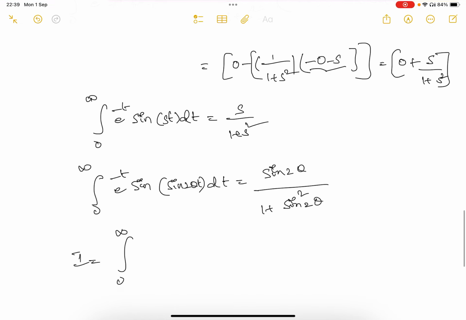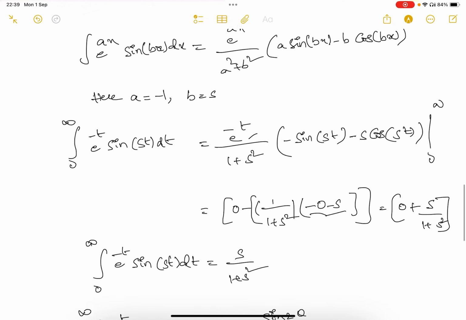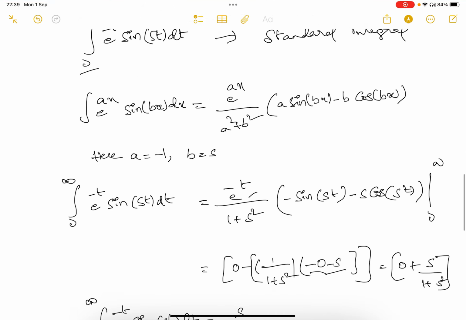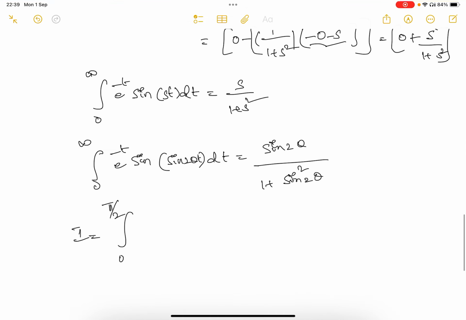Which is integral 0 to pi by 2. As you can see here, we need to evaluate this part now. Integral 0 to pi by 2 sine 2 theta by 1 plus sine square 2 theta into d theta.